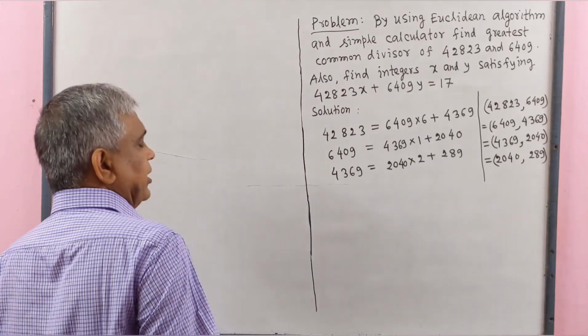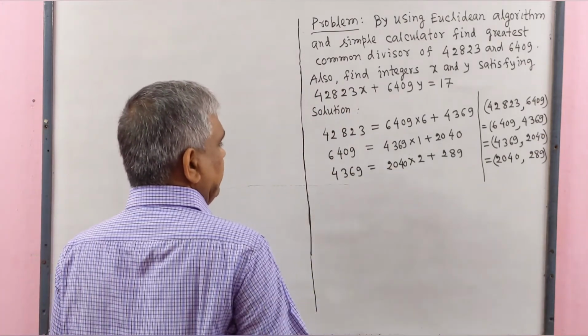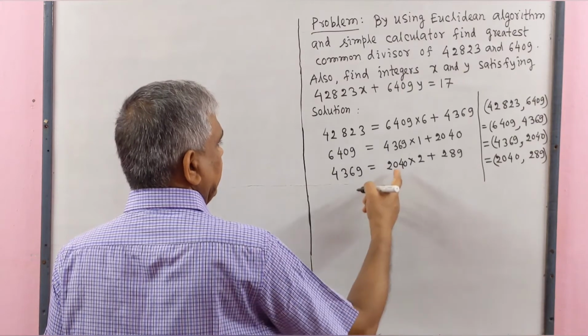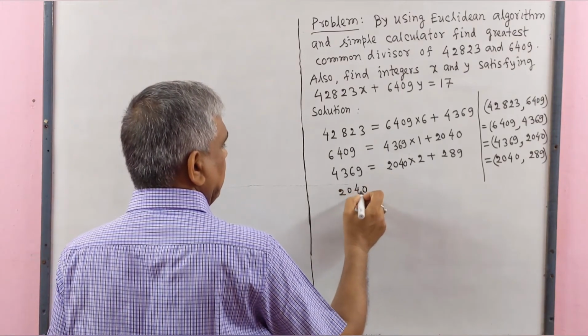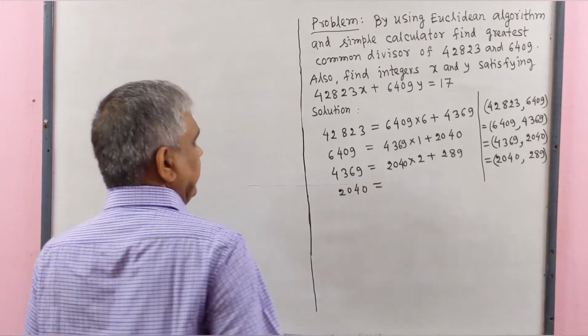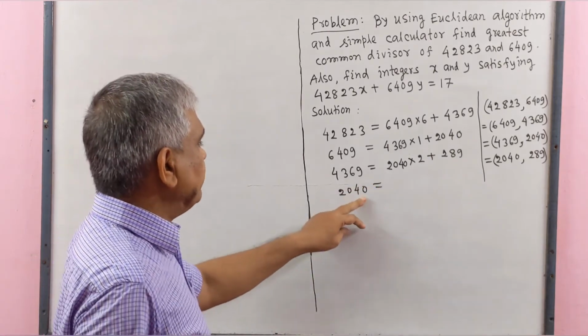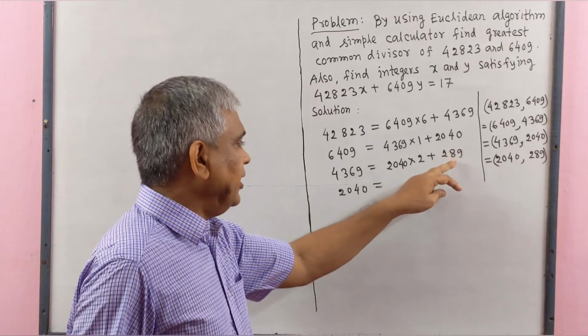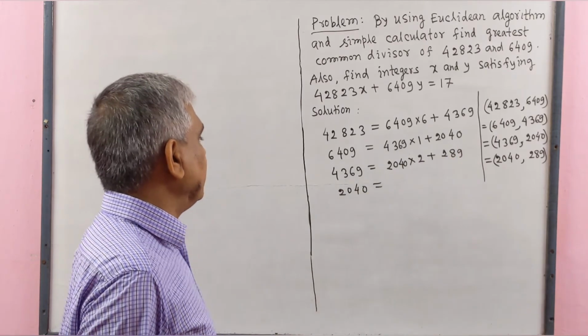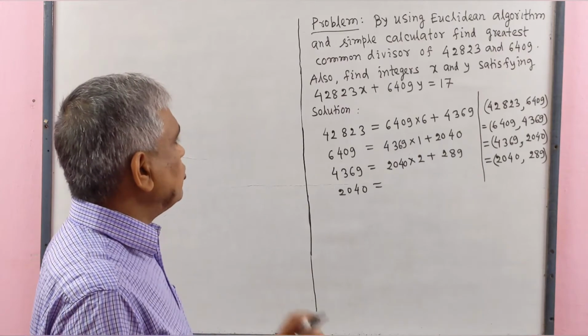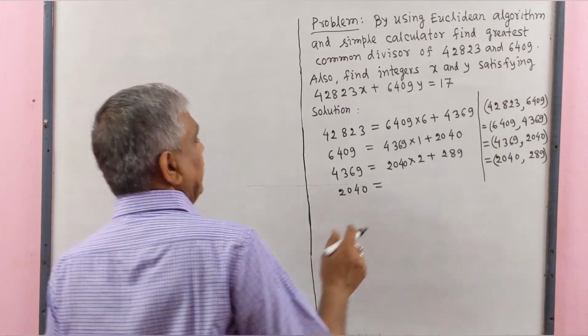Again we repeat the division algorithm by writing 2040. If we divide 2040 by the remainder 289, we get the quotient 7.